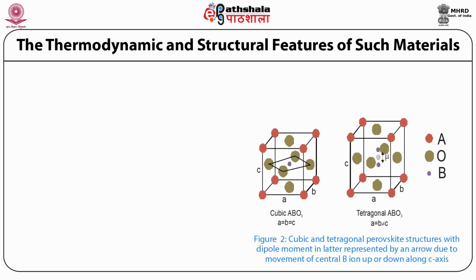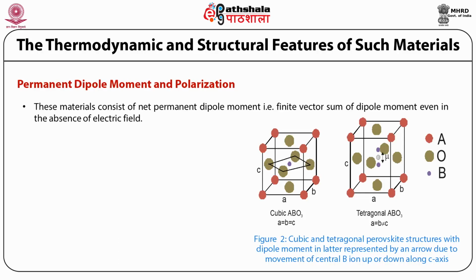The first property is permanent dipole moment and polarization. These materials have a net permanent dipole moment, that is, a finite vector sum of dipole moments even in the absence of an electric field.